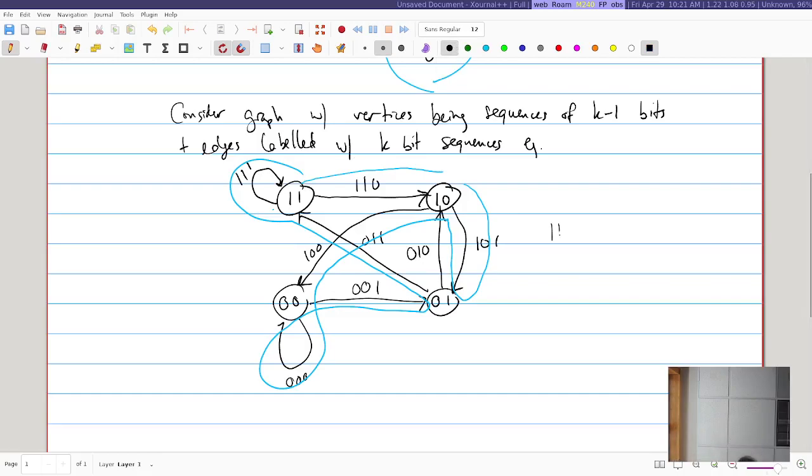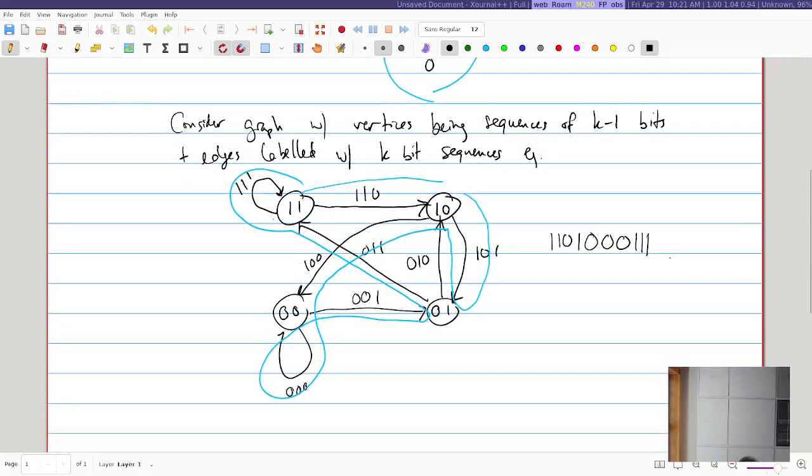So 1, 1, 0, 1, 0, 0, 1, another 1, another 1. Oh, well, these 2 ones actually are the same as the beginning ones. So yeah, that's it.